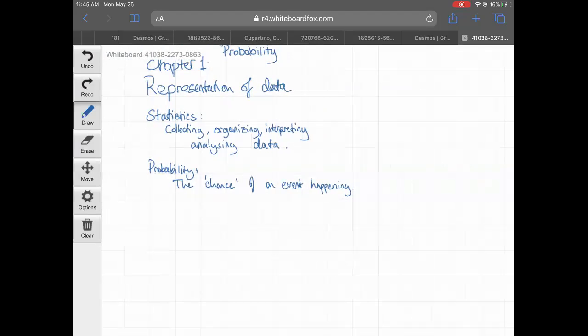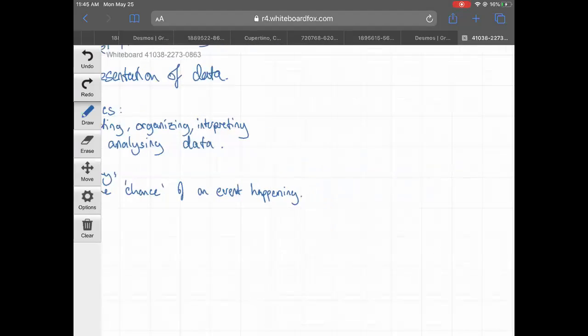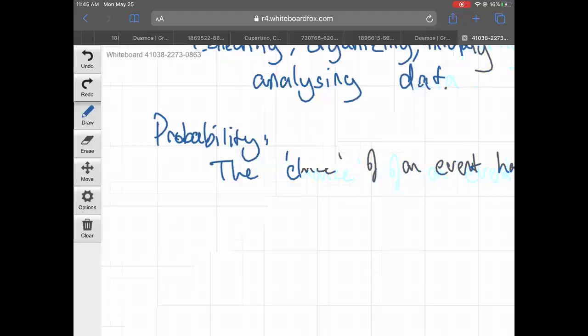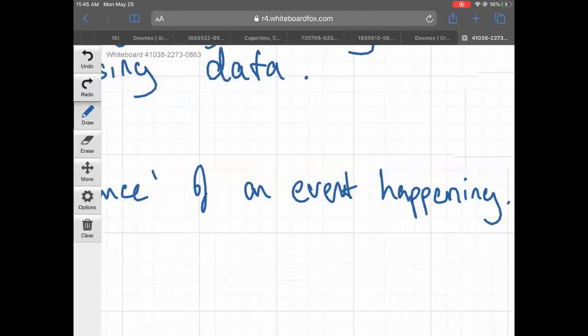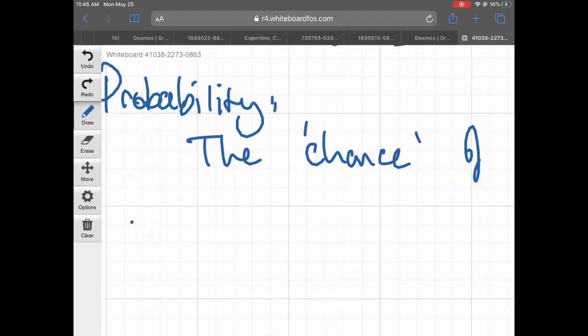Probability. And I guess the other thing with probability is, oops, try and make that neater.